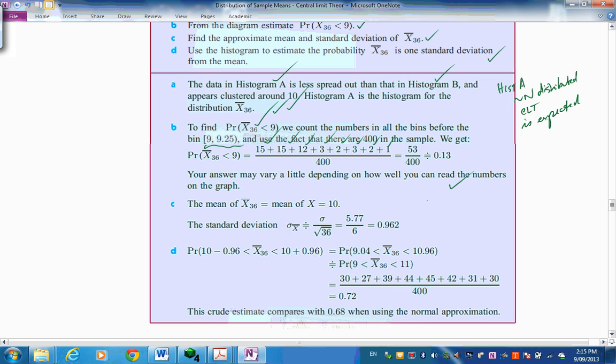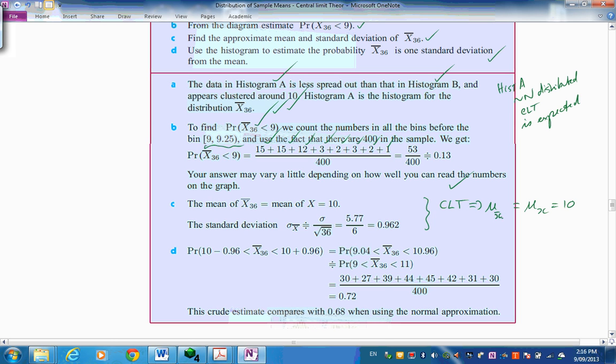Okay, now the central limit theorem should be quoted here: the CLT implies the mean of X bar 36 will equal the mean of the x's, which is 10. Well, actually what we should be putting there is mu of X bar 36.